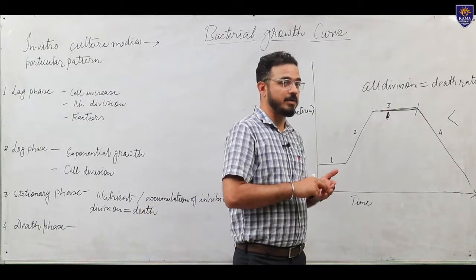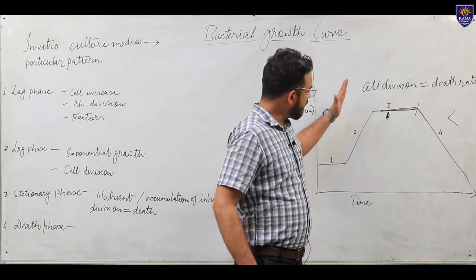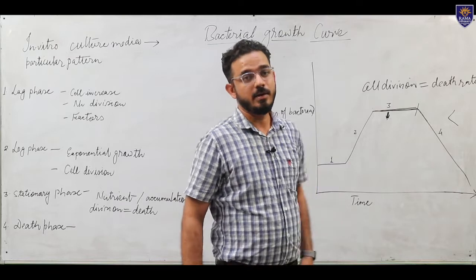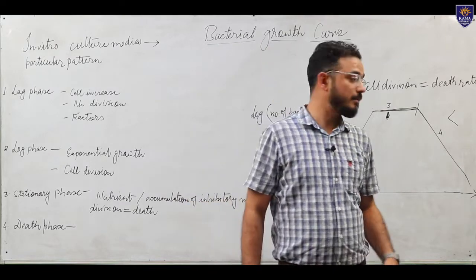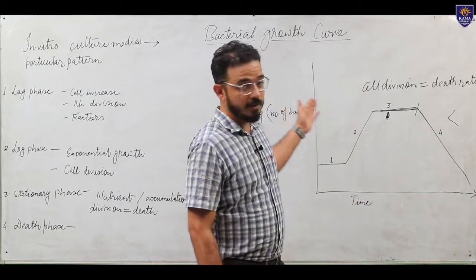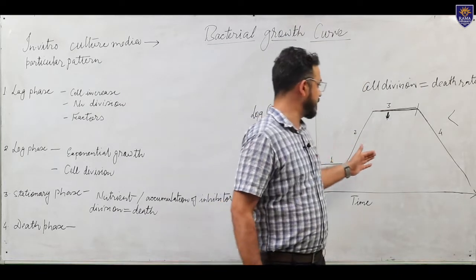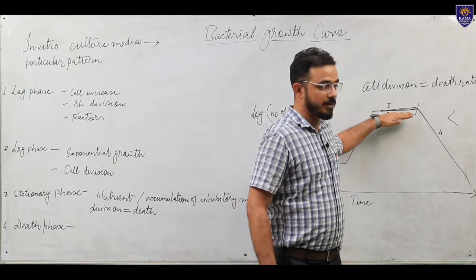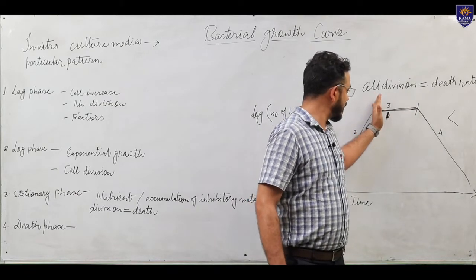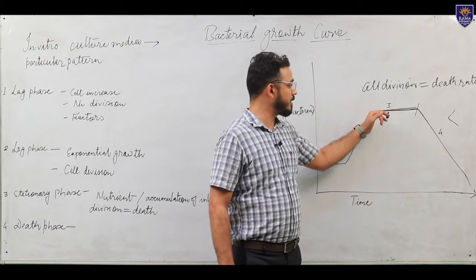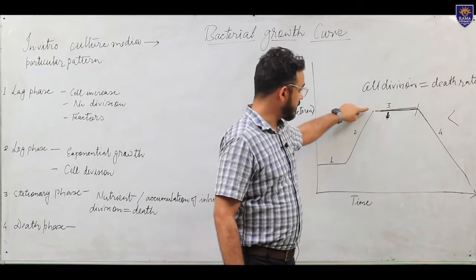That is called exponential rate. In this phase, the bacterial population exploits at maximum rate the available nutrients and all the other things available in the culture media.